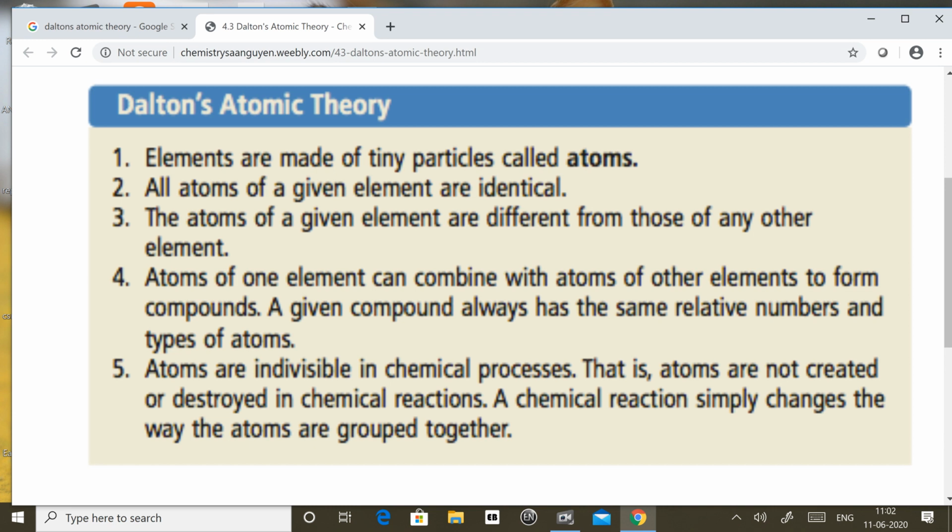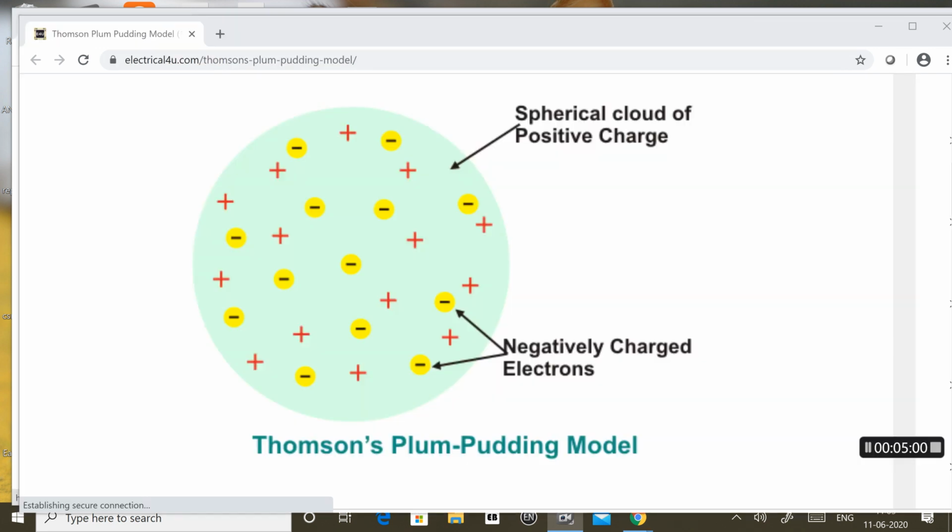See, this is J.J. Thomson's plum pudding model. According to this, you can see negatively charged particles and positively charged particles.